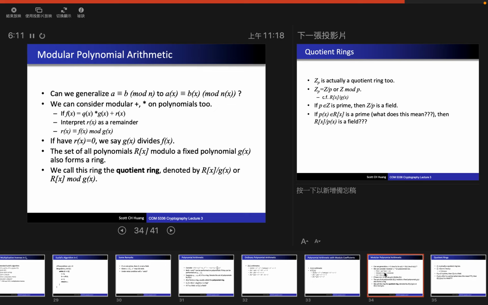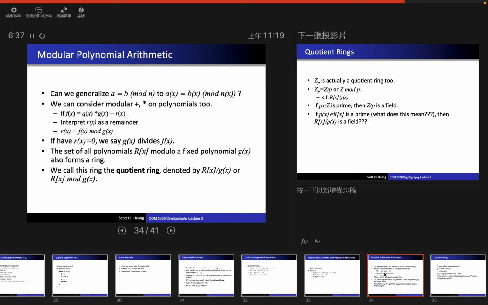We can say two polynomials are congruent to each other mod another polynomial. We can also carry over the concept of division: some polynomial divides another polynomial. We can carry over this concept to the polynomial ring.